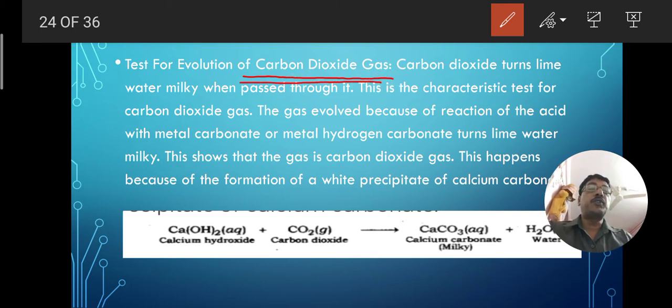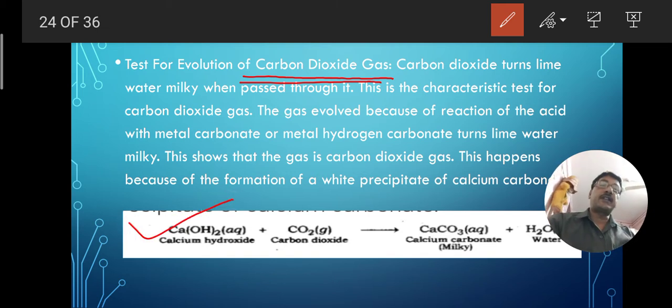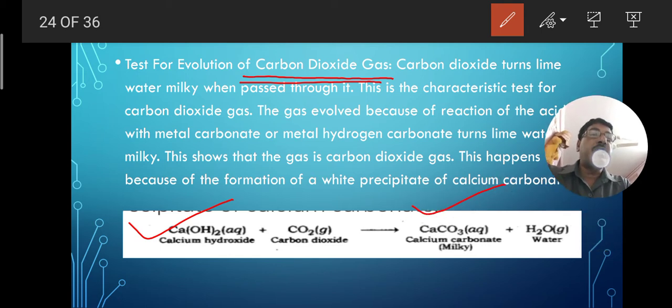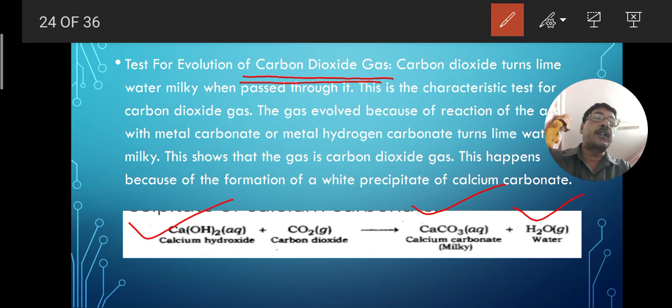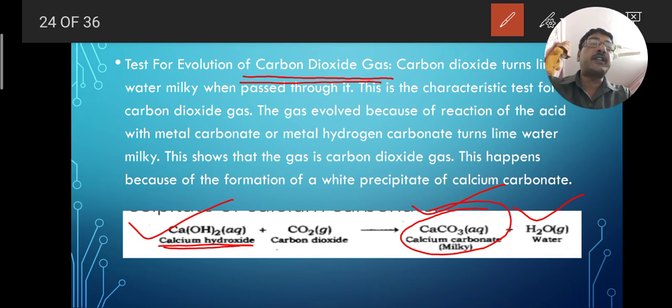Then what do we have to do? Take the carbon dioxide gas and pass it into lime water, which is calcium hydroxide. At that time we will find the formation of calcium carbonate along with water. When this calcium carbonate is produced, you will find the lime water turns milky. Which color? Milky color.